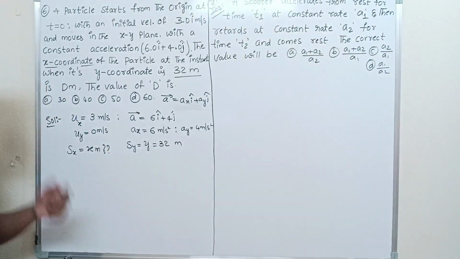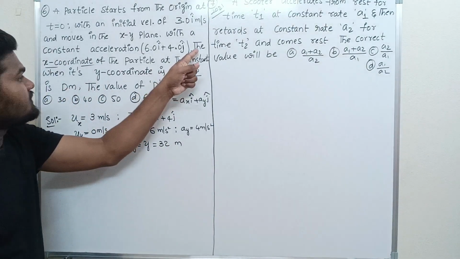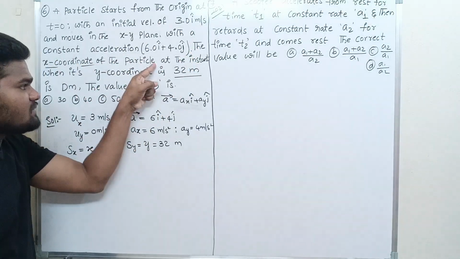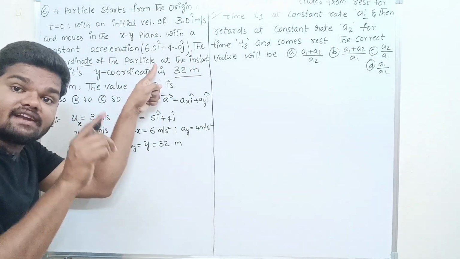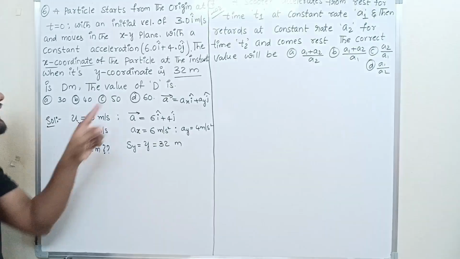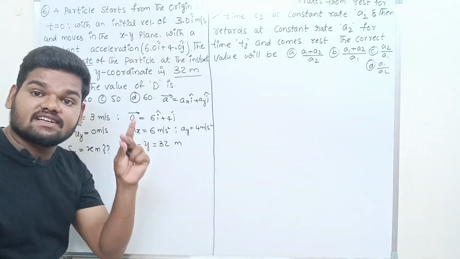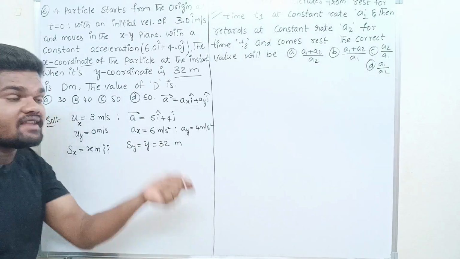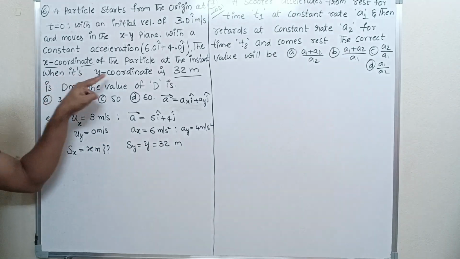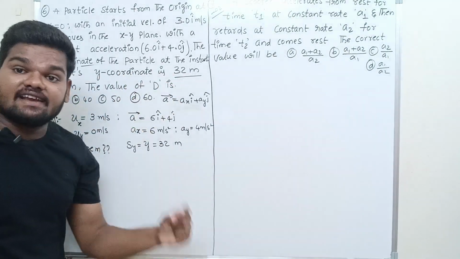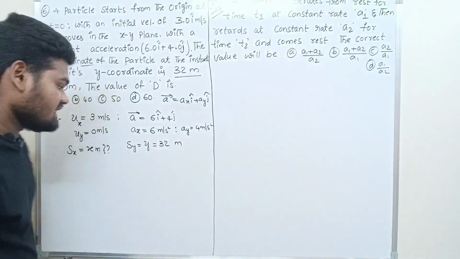Right. So what we have to do: the x coordinate of the particle at the instant, at the same time. Instant means at a given time. What time is given? When its y coordinate is 32 meters. Have a look.